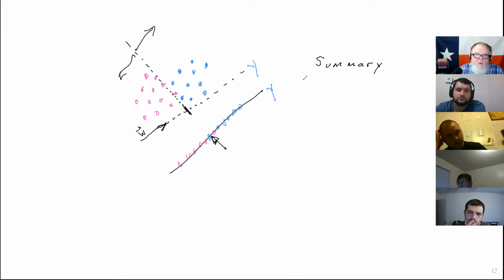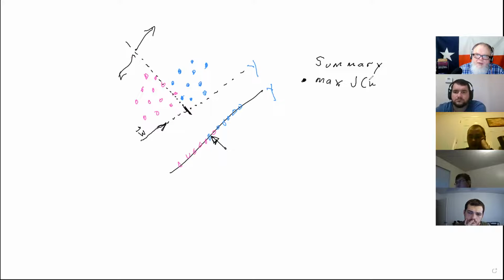Summary number 1, we want to maximize the Fisher distance, J of W, where J of W is equal to the projected means. This is M1 twiddle, so that's a projected mean.